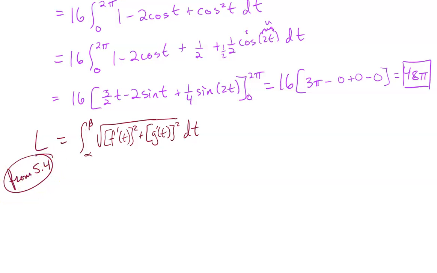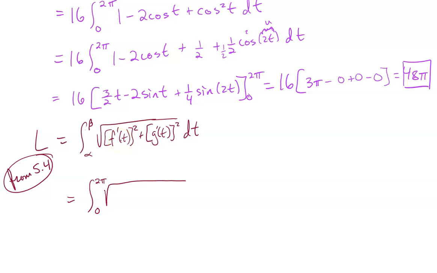Okay, so we're going to do the integral from 0 to 2 pi, because again, we're doing one hump, which is from t equals 0 to 2 pi. So then we have the square root.